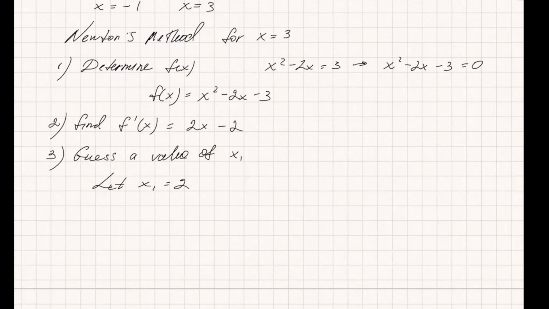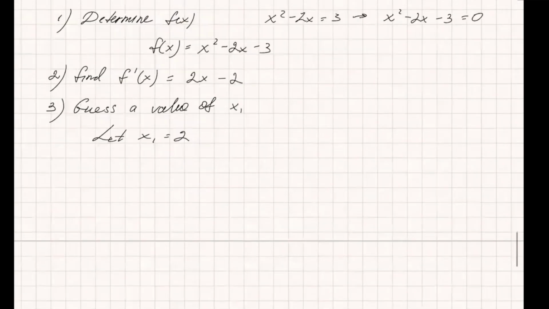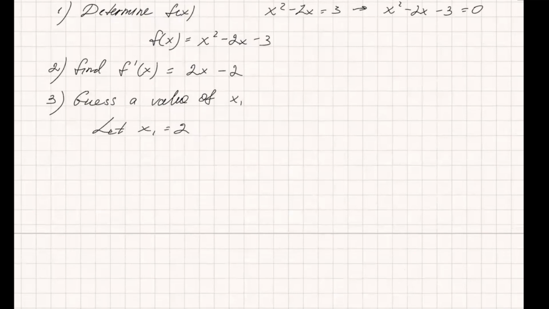It's not a root, we know that, but it's some random value that we're guessing. And now using Newton's method, step 4, we have x sub n+1 is equal to x sub n minus f of x sub n over f prime of x sub n.